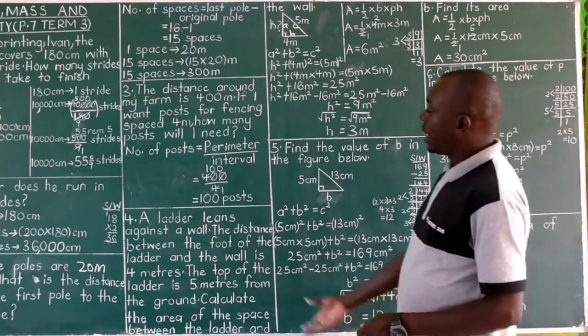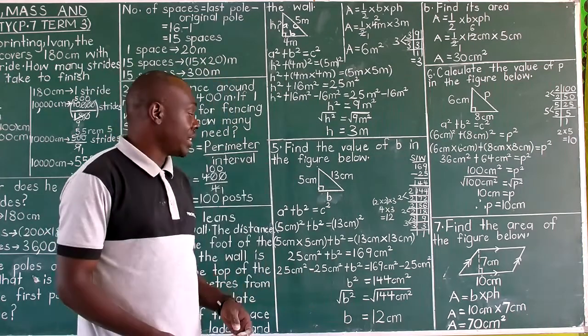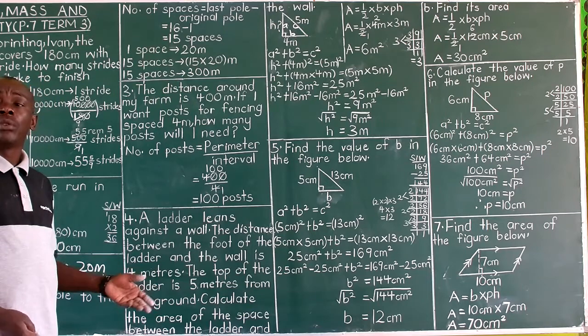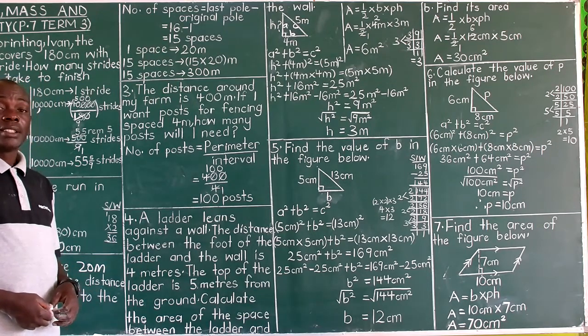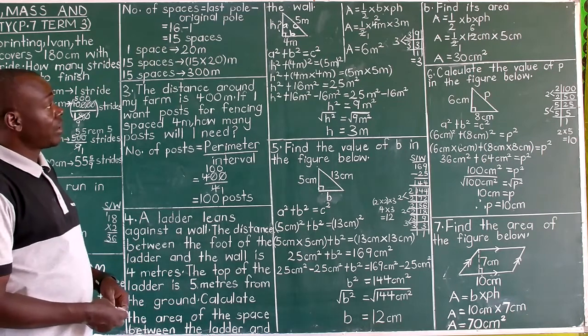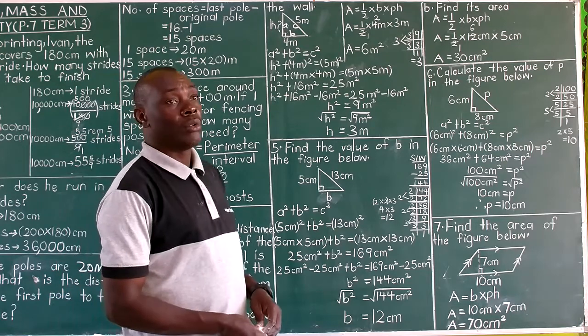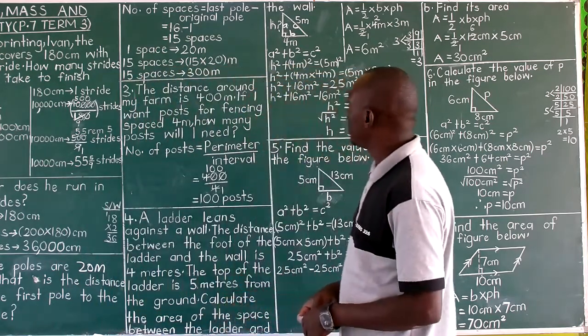One that did not follow my lesson would hardly tell that they're talking about the area of a triangle here. They're talking about a ladder, a wall, and many things. You can hardly think about a triangle. Please, whenever you lean a ladder against a wall, a triangular shape is formed just in between there.